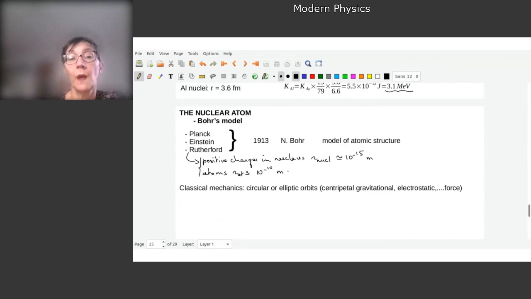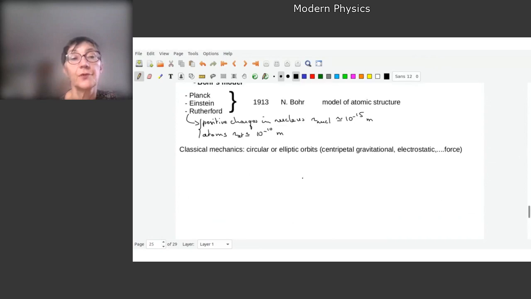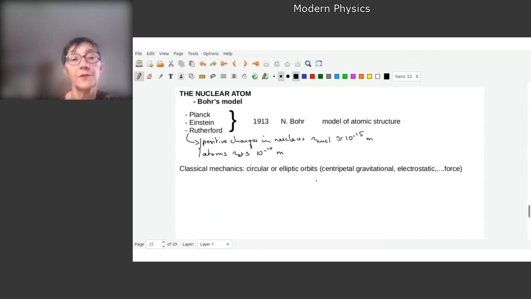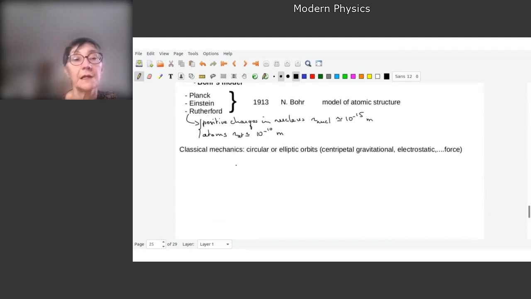So it seems natural to assume that the electrons are orbiting around the nucleus on some orbits. Classical mechanics allows for some stable orbits, circular or elliptic ones.